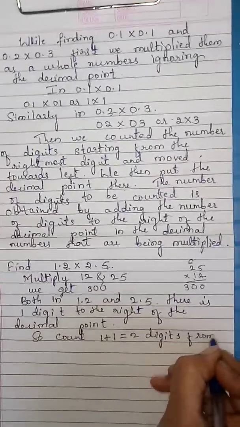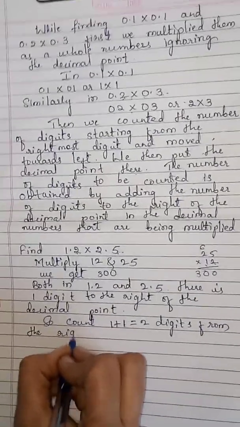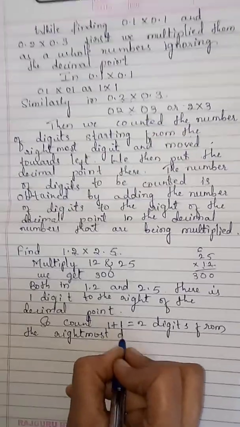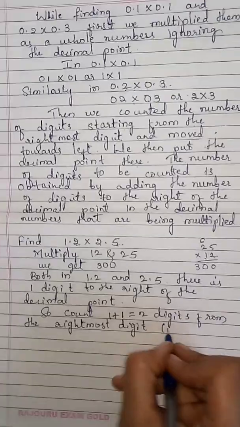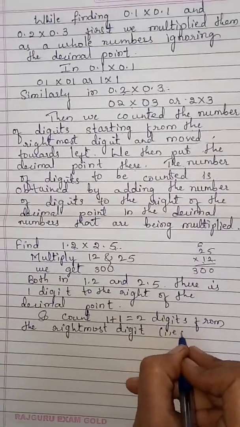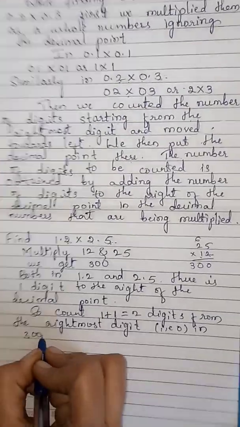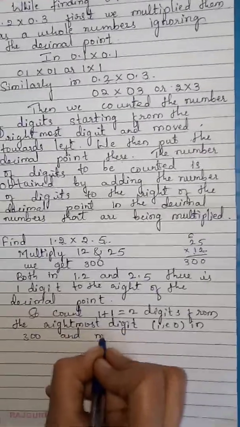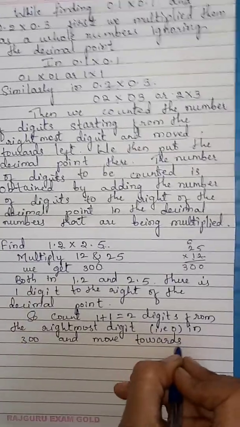from the rightmost digit. Rightmost digit, that is 0 in 300. And move towards left.